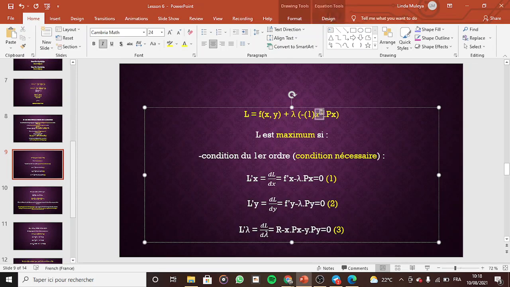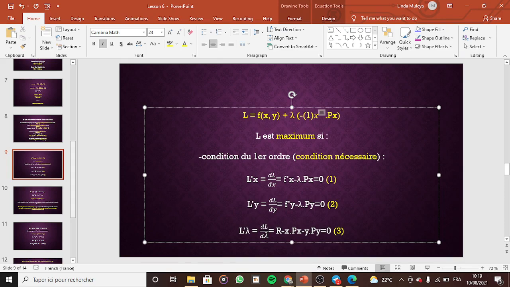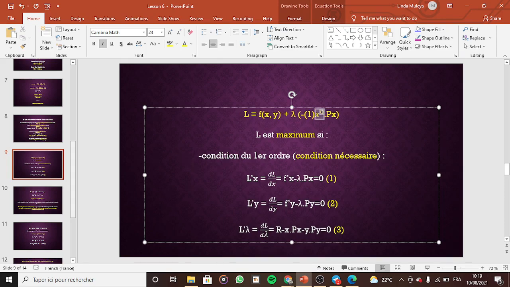And then what we remain with now, because we've brought this 1 down, we're going to subtract it from our x. So it will be x to the power 1 minus 1. And x to the power 1 minus 1 is the same as x to the power 0. Any value to the power 0 is equal to 1. X to the power 0 is equal to 1.